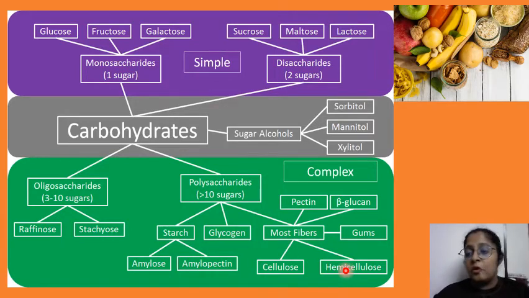In whichever form you are taking the carbohydrate, you have to convert it into these three: glucose, fructose and galactose, for them to get absorbed in your body, further get metabolized and give you the energy that is required. Now we'll learn how all these carbohydrates are converted into glucose, fructose and galactose.